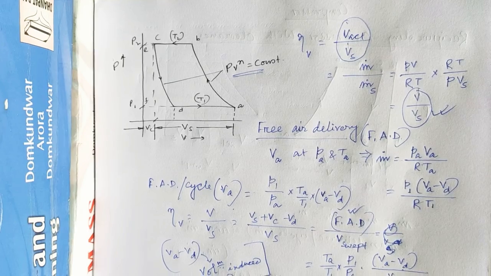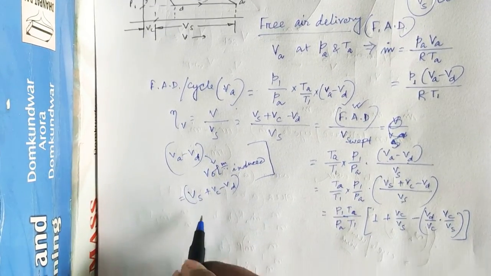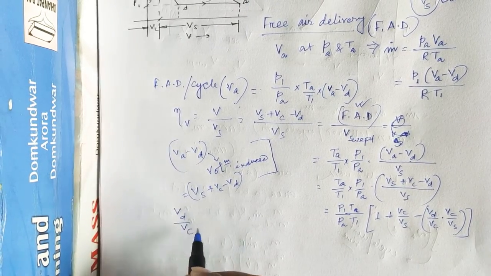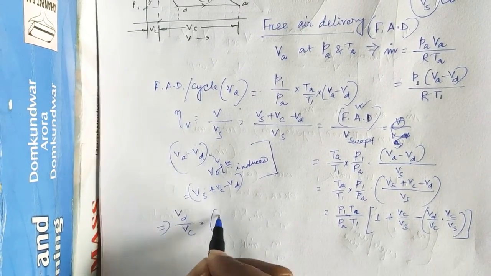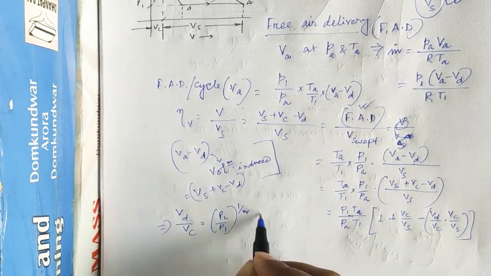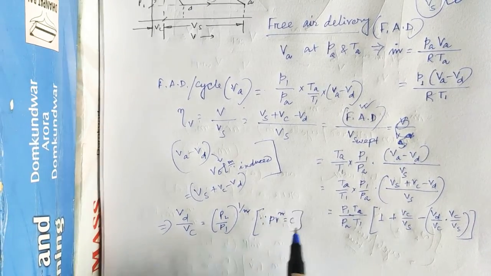So for process C to D, or for process A to B, we can write Vd by Vc is equal to P2 by P1 to the power 1 by n, since the process is Pv to the power n equal to constant.